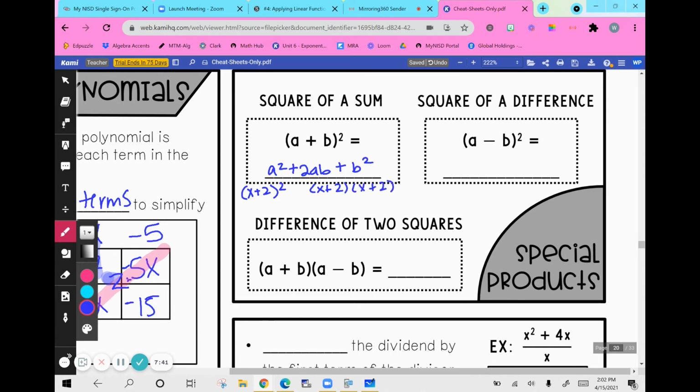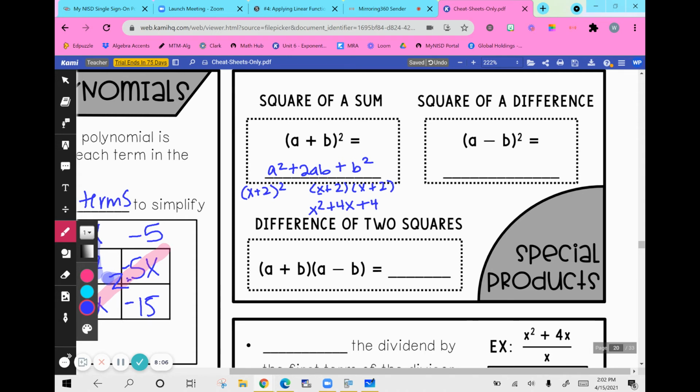A squared would be this first one, so x squared. 2ab, so 2x is ab, but if we need 2 of those, that would be 4x, and then 2 times 2 would be b squared, which is 4. So that's your answer. Honestly, I think it's easier to just work it out and use the box method.